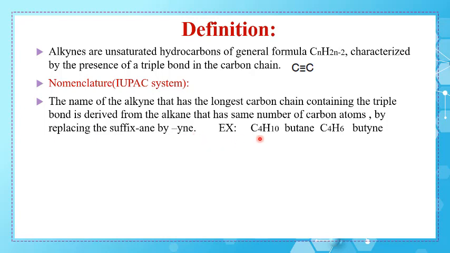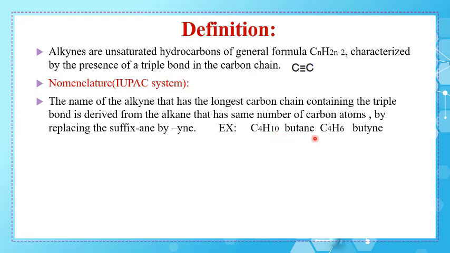Example: C4H10 butane and C4H6 butyne. For the first molecular formula and the second molecular formula, we have the same number of carbon atoms, so the prefix of the nomenclature is the same. But according to the number of hydrogen atoms, here we find 10 H. According to the general formula of alkanes, CnH2n+2, 2 times 4 is 8, plus 2 is 10.